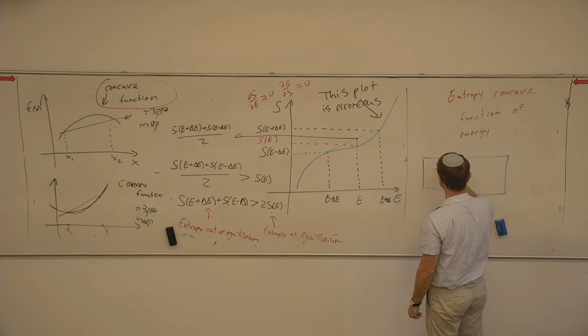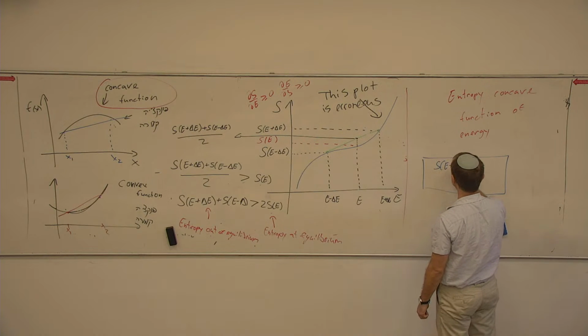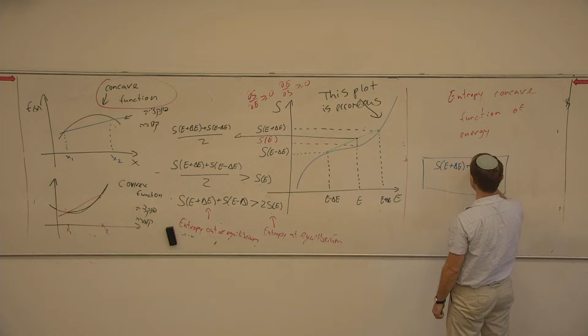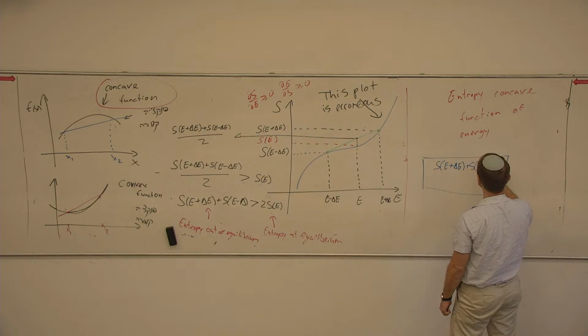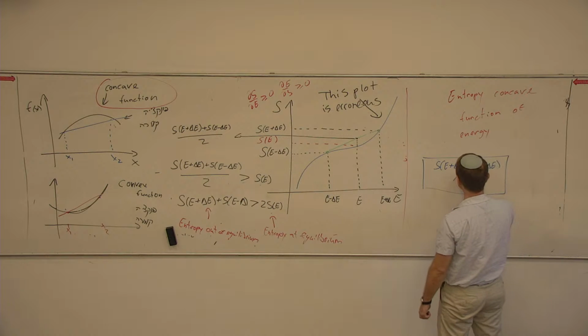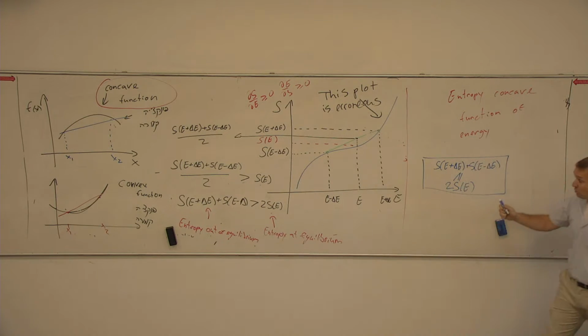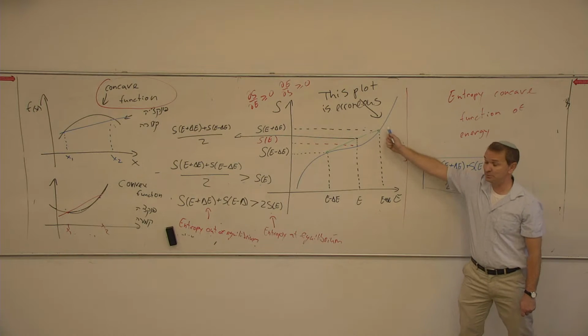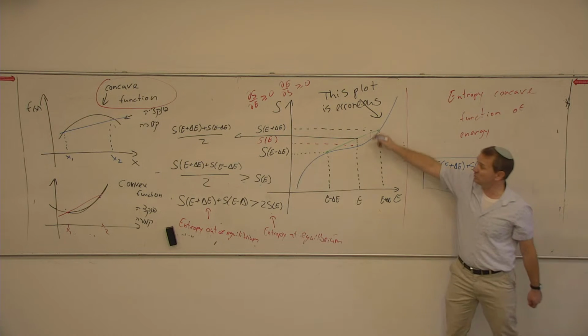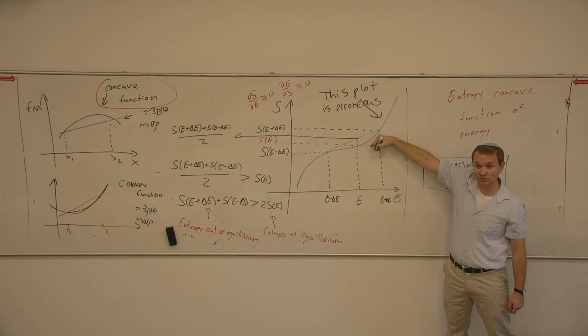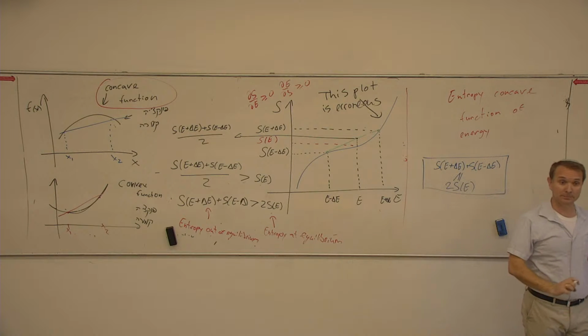Right? So S(E+ΔE) plus S(E−ΔE) has to be smaller than 2S(E). Because we're starting in equilibrium and because the entropy is maximum in equilibrium, this has to always be satisfied. And if you draw this on this picture, you will see that the straight line has to be below the actual function. Okay? Yes?